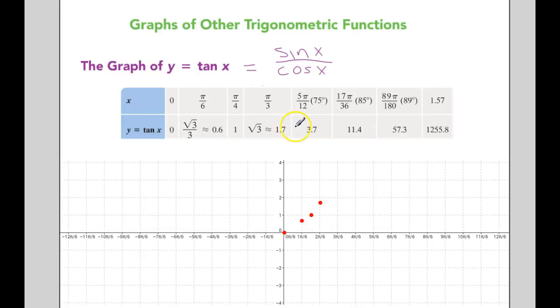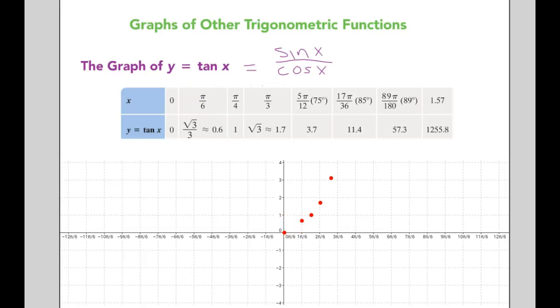Well, this is 90 degrees, so we've got 75, 85, 89, and something really close to pi over 2. And what's happening is we're getting higher and higher as we make our way up. So we're getting 3.7 and then 11.4. We're way off the grid. So we're just getting higher and higher.